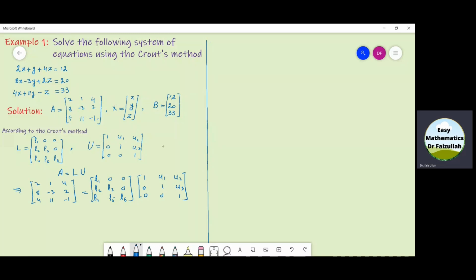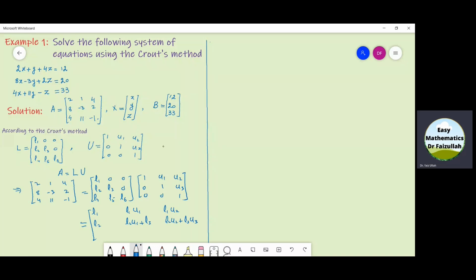In the next step, we are multiplying L and U. So we have L1, then we have L1 U1, then we have L1 U2. And now we have L2 here, L2 U1 plus L3. And now we have L2 U2 plus L3 U3.